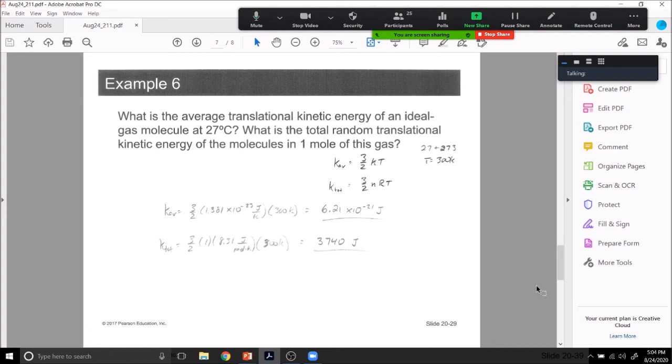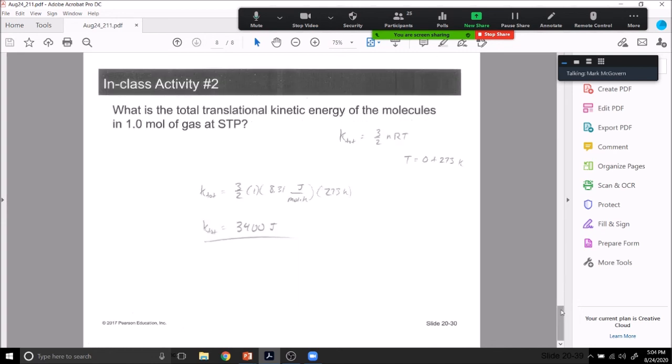Anyway, I think we got one more example, and we're going to be done here. This is meant as an in-class, but we're wrapping this up right now. So let's just get into it. What is the total translational kinetic energy of the molecules in 1 mole of gas at STP? Well, we know what STP is. It's at 273 Kelvin. There's really nothing else about STP that we need for this because we don't need pressure.